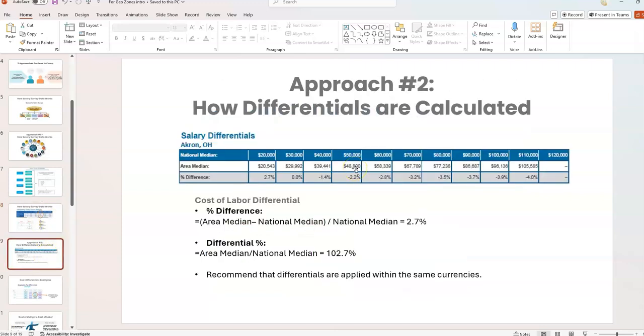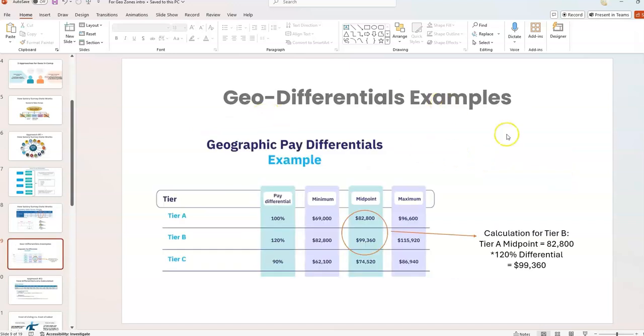The other way we could do this in compensation is by having a differential. With a geo differential, we typically have, maybe this one, tier A. This could be national, at 100%. If this is 100% tied to the national salary range for the country, then we can easily calculate someone paying 120% or 90% of the national.